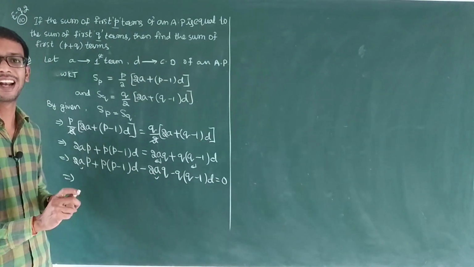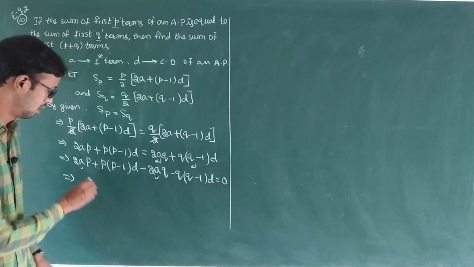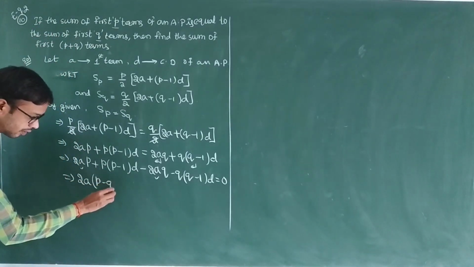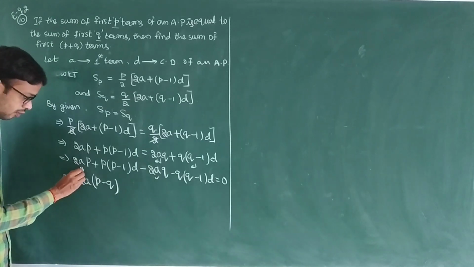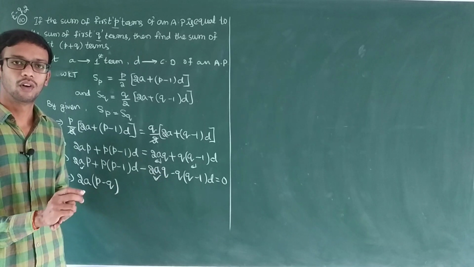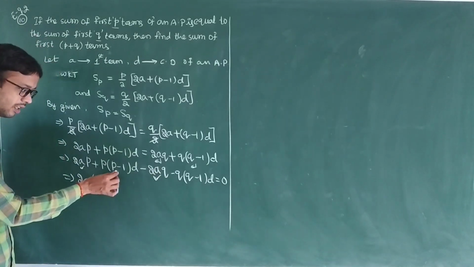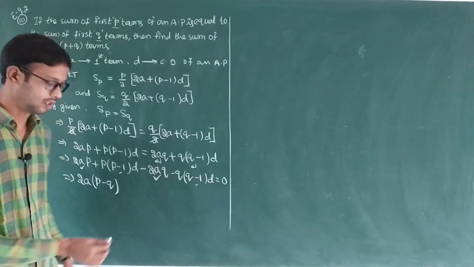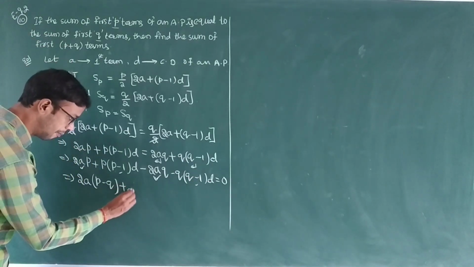in this, 2a is there. I will take 2a common. If we take 2a common, p minus q we will get. Next, in this, what is the common? Common is d. So I take plus d common.